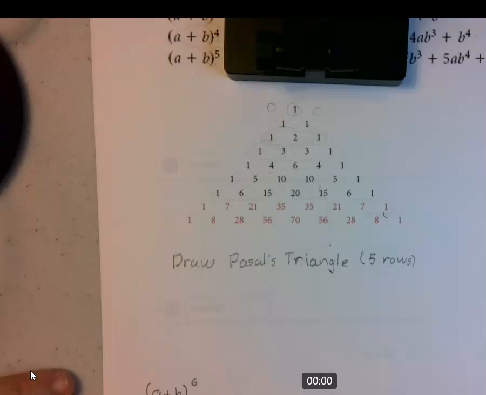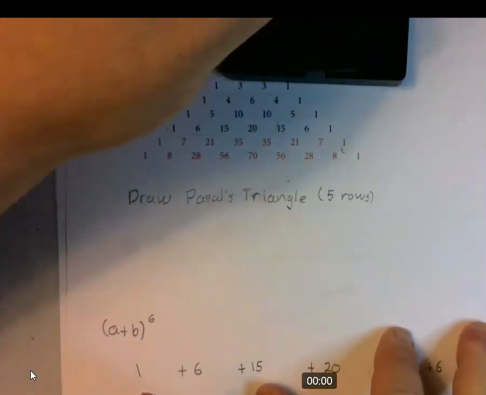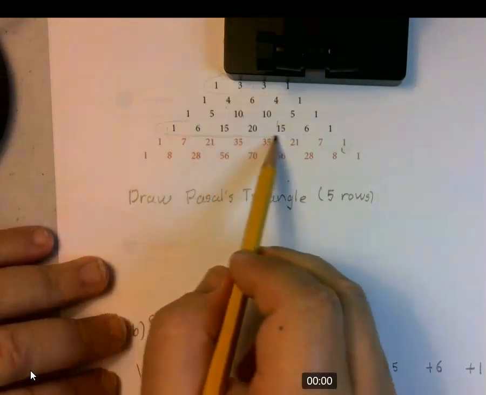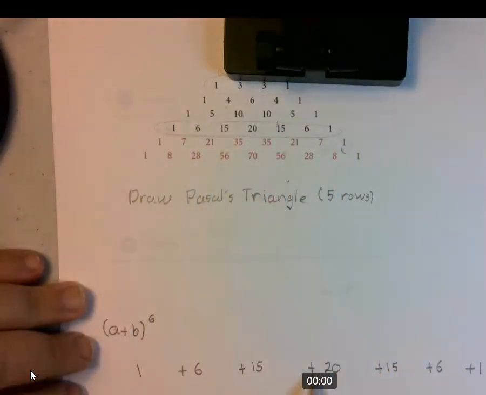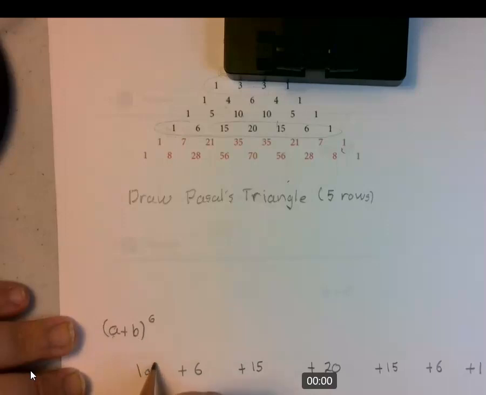And normally you don't write 1 as a coefficient. Oops, I am off screen, I'm sorry. So what I was doing was drawing this. And there you go. Normally you don't write the 1 as a coefficient. Okay, so A is going to be our first variable to the 6th. A to the 5th.